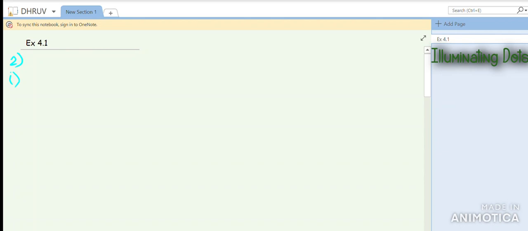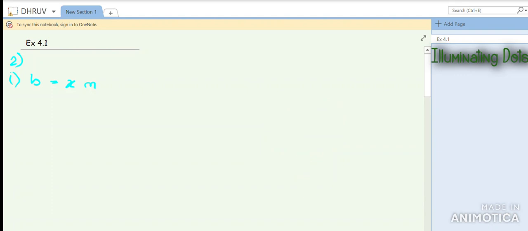We will assume that the breadth is x meters, so I will write b is equal to x meters. Since we have b as a variable, we need to find the value of both l and b.